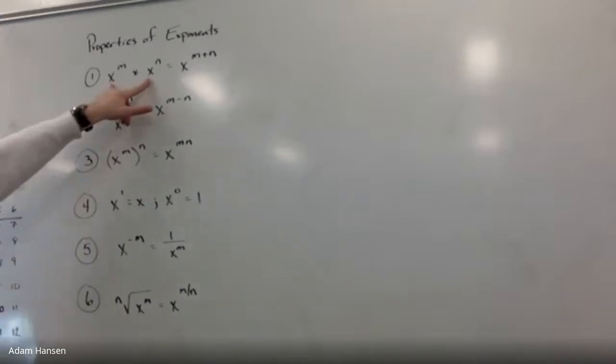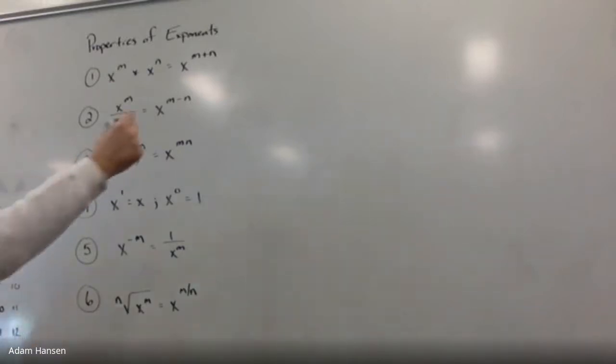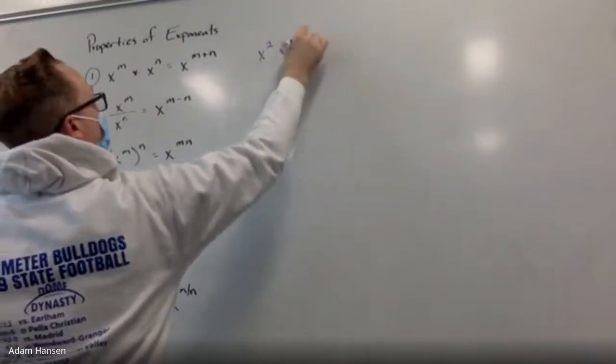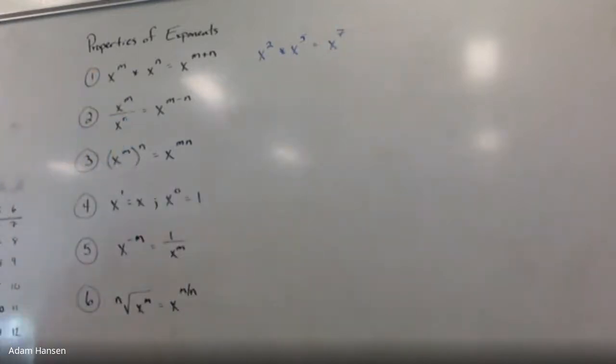When I multiply exponents, x to the m times x to the n, I add their powers together. X to the m times x to the n is x to the m plus n. So for example, x squared times x to the fifth is x to the seventh, because there are 7 total x's being multiplied together. 2 from the x squared, 5 from the x to the fifth, so all told, that's 7 x's multiplied together, or x to the seventh.